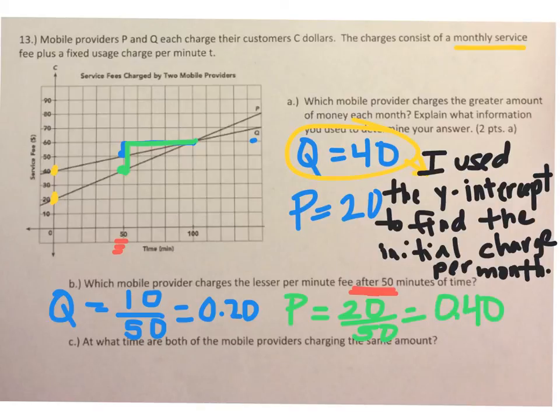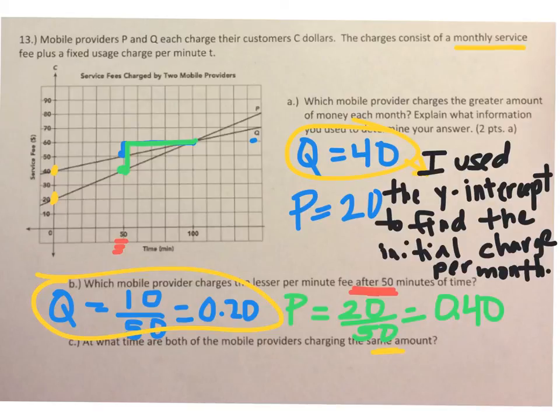So the question is, which mobile provider charges the lesser per minute fee after 50 minutes of time? That would be Q.